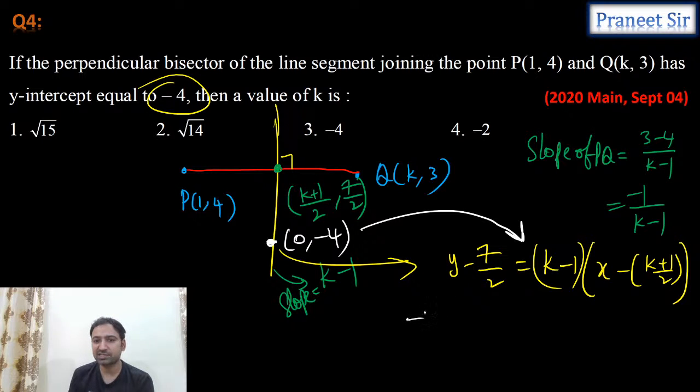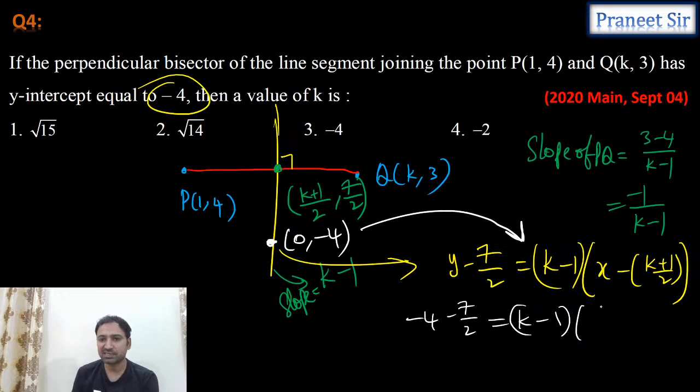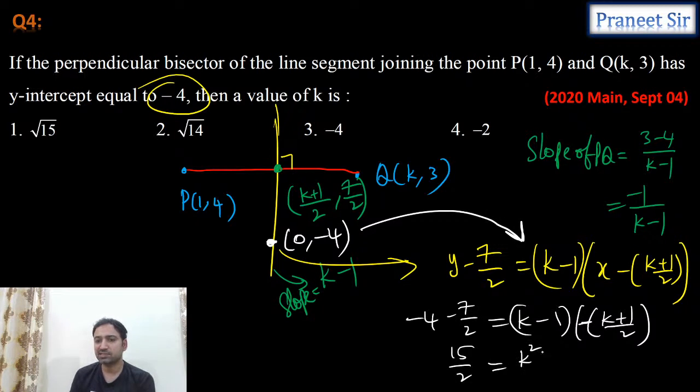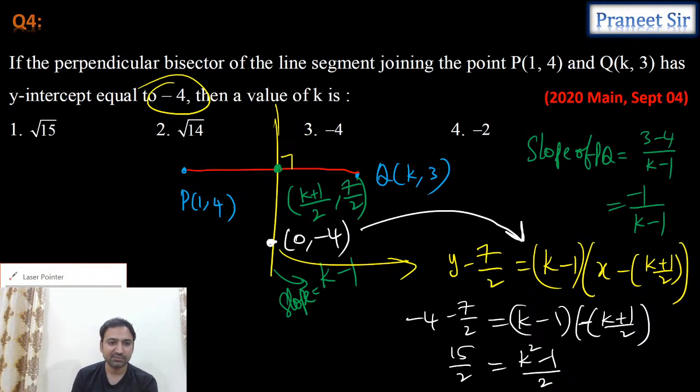Minus 4 minus 7 by 2 is equal to (k minus 1) into, in place of x if you substitute 0, minus of (k plus 1) by 2. Here minus is there, guys, so minus minus gets cancelled, and we get 15 by 2 is equal to (k minus 1) into (k plus 1) by 2, which is (k square minus 1) by 2.